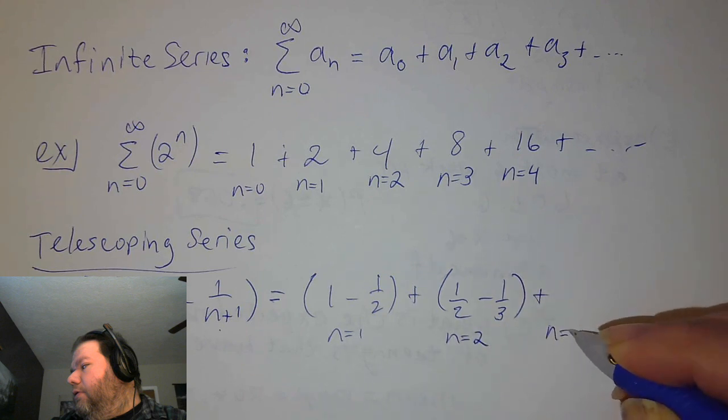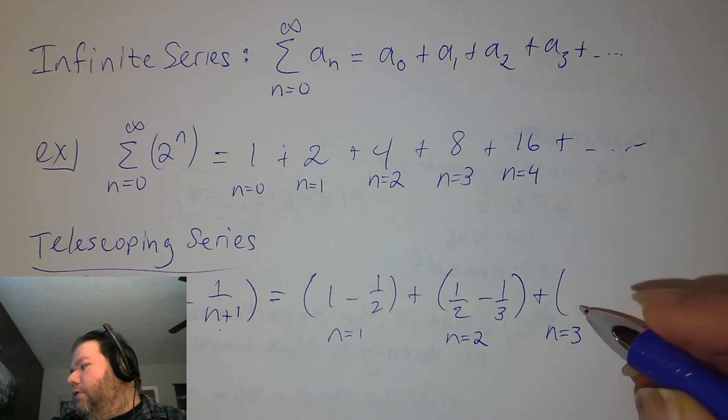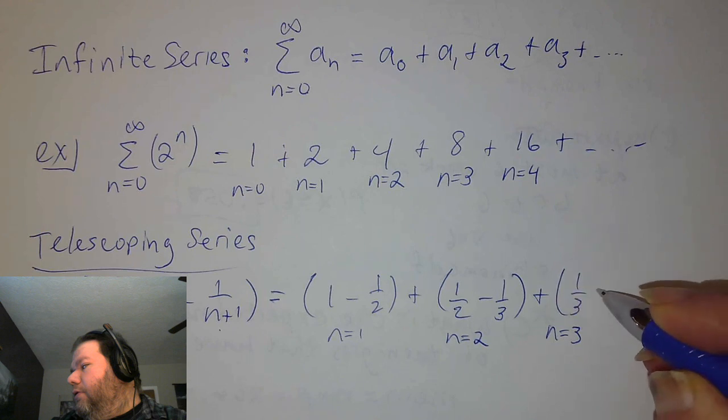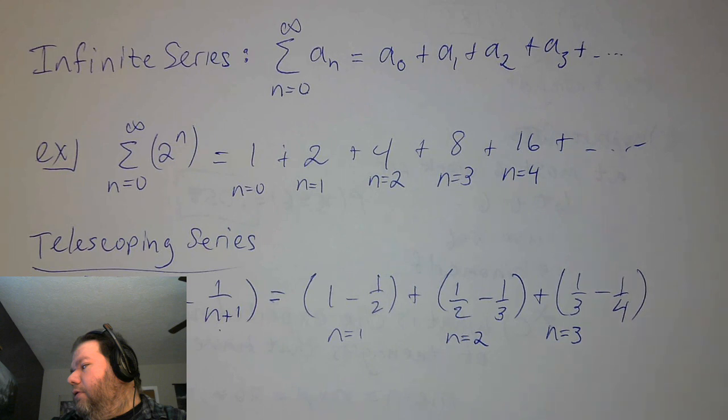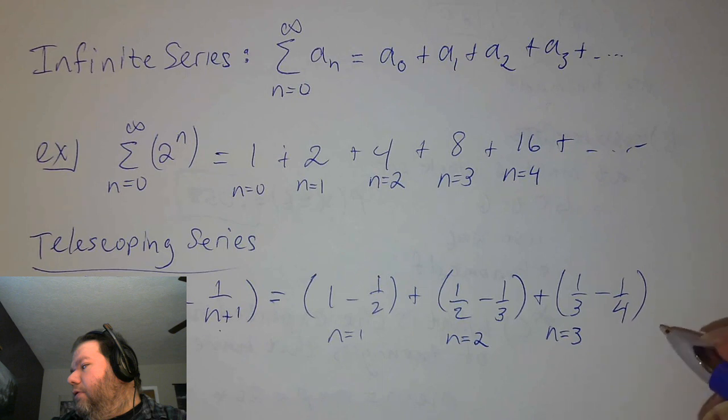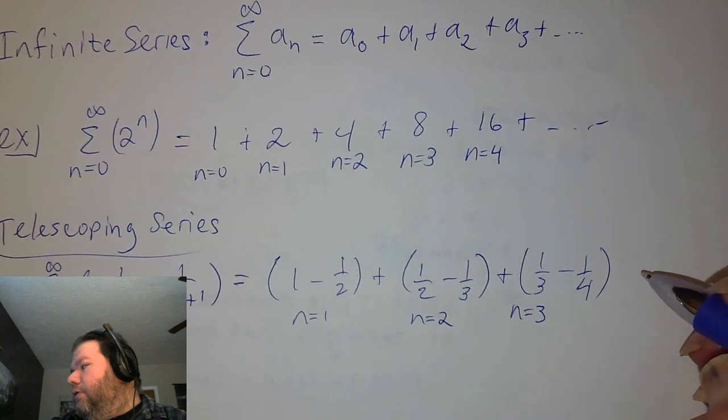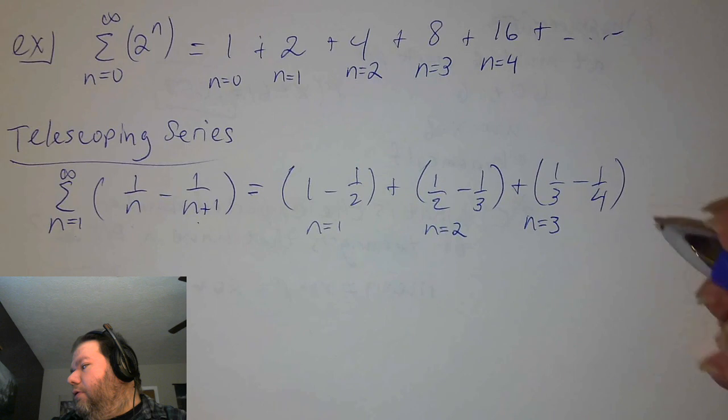N equals 3 would be 1 over 3 minus 1 over 4. And then n equals 4 would give us 1 over 4 minus 1 over 5.